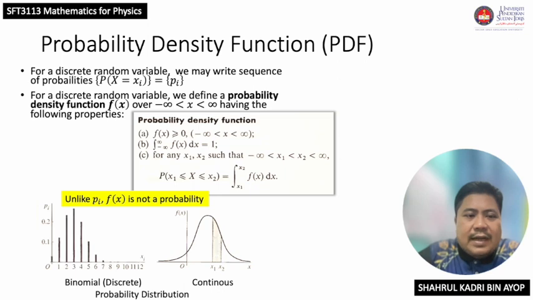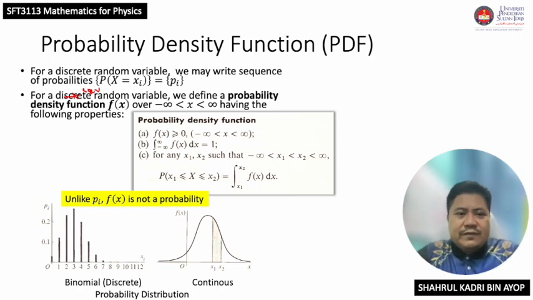Sorry, this is wrong. For a continuous random variable, CRV, we define a probability density function over negative infinity to infinity, having the following properties.